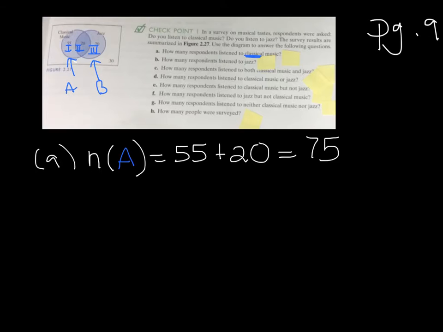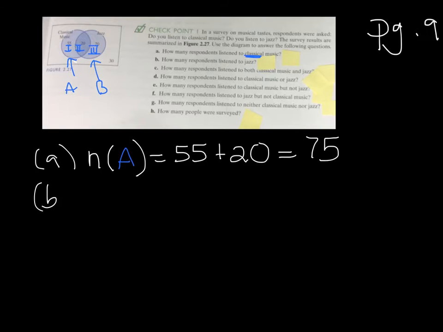If you call this set A and jazz B, then n of A is equal to region 1 and region 2, so it's just 55 plus 20. So there are 75 elements in this set. These are regions, so we're adding the elements in that set: 55 people, 20 people.